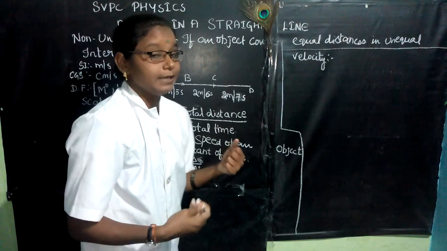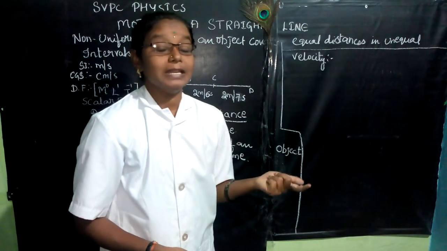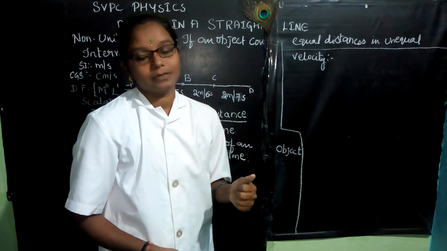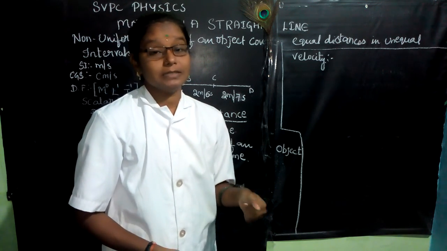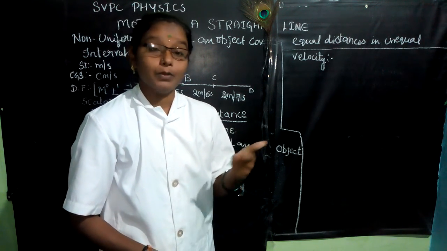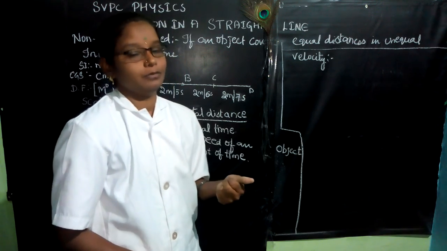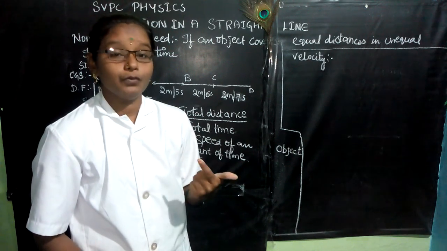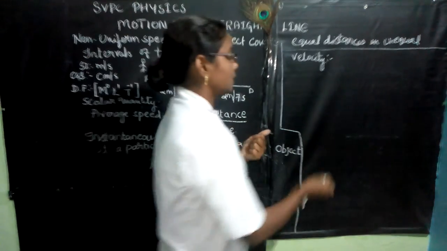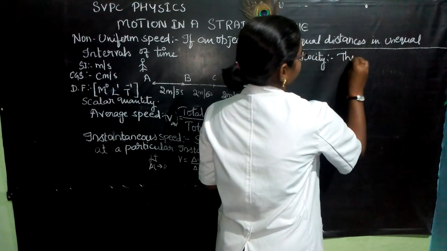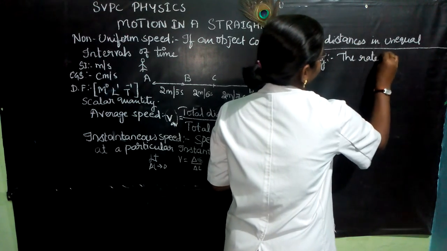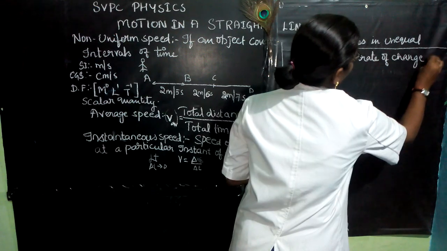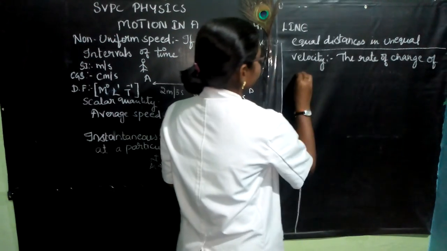So now I can say a boy moves in the east direction. He covers 2 meters in 2 seconds. He covers 5 meters in 7 seconds. Like that, I have to mention the direction also. So velocity is the rate of change of displacement per unit time.